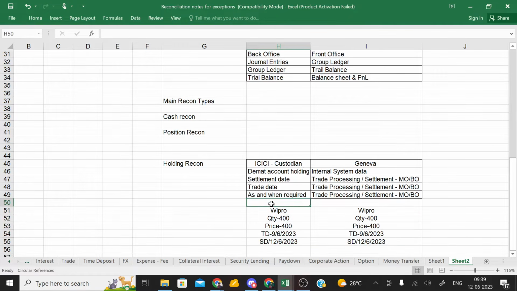Because these details the custodian team updates, and these details the internal trade processing and middle office teams update.